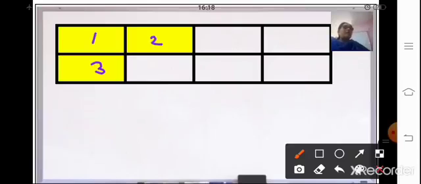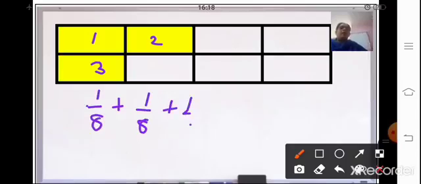So hence the total shaded part is 1/8 plus 1/8 plus 1/8. Now this is your addition statement, where you add 1/8 3 times.